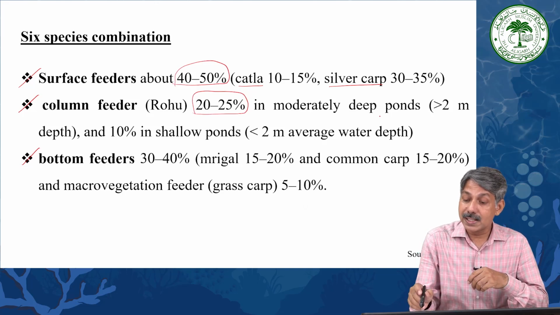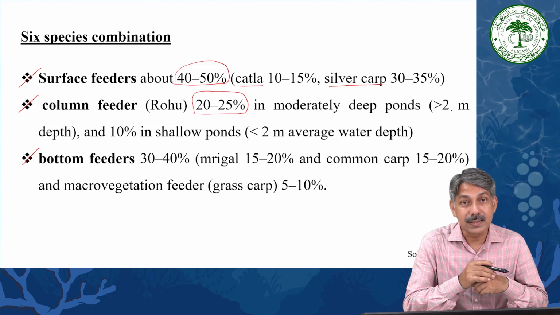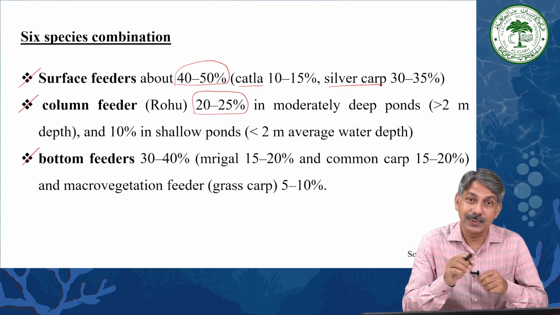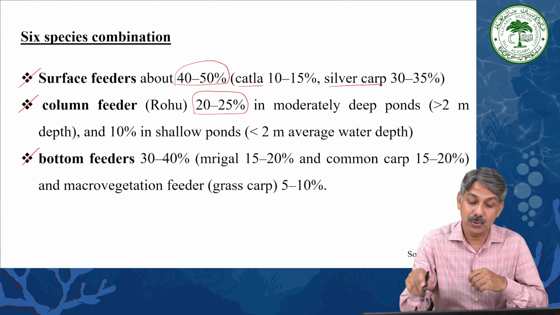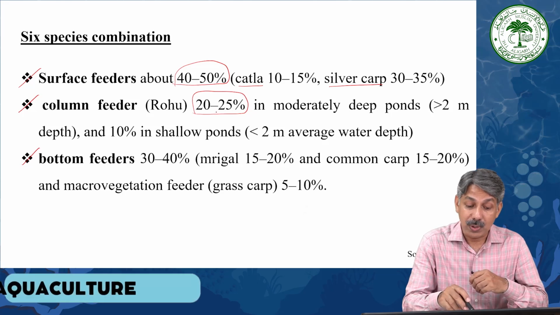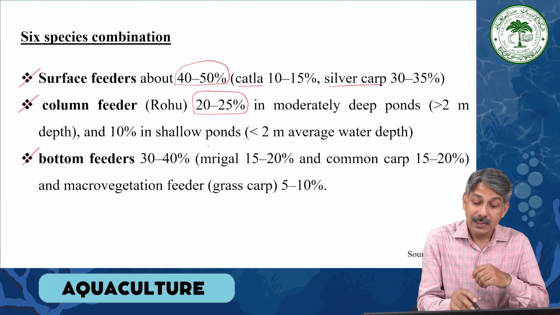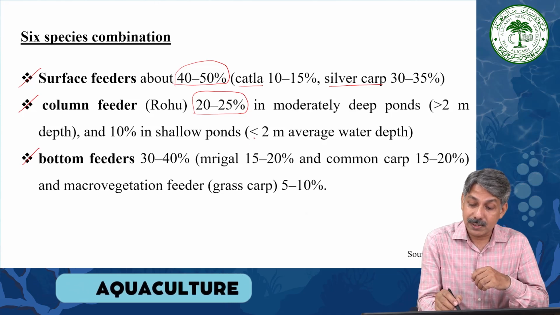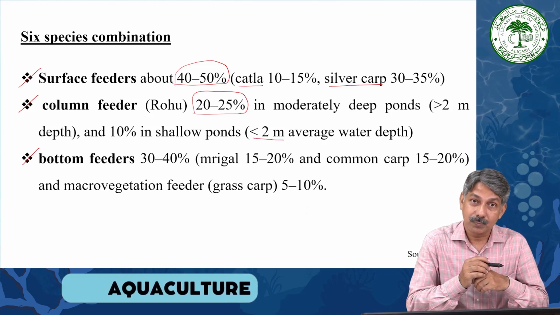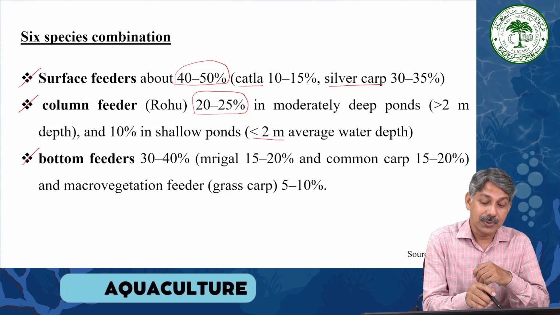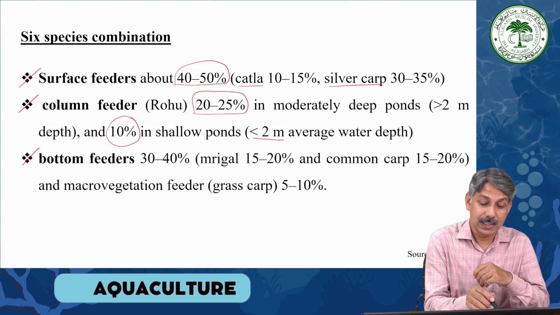In moderately deep ponds, if the average depth of that pond is more than 2 meters, then 20 to 25% of column feeder should be introduced. And if the average depth of the pond is less than 2 meters, then we should go only for 10%.